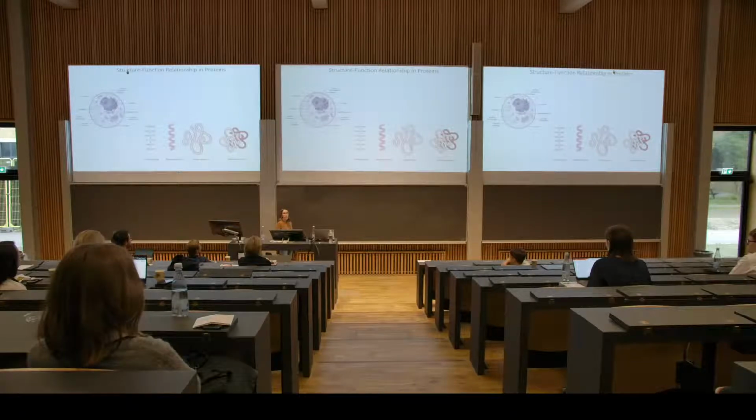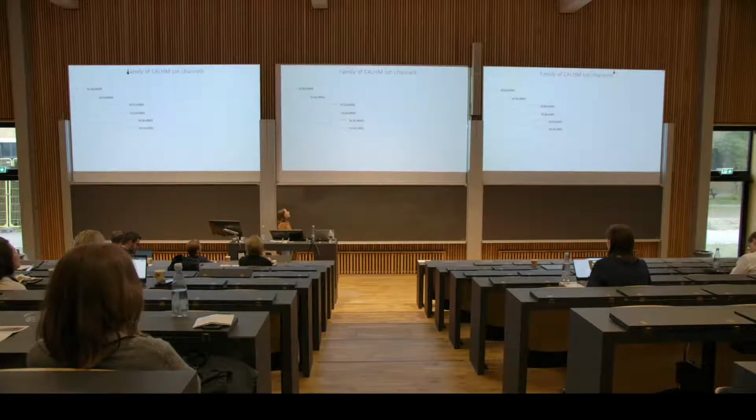I am a part of the structural biology group, and in our work we are mainly focused on determining such 3D structures of proteins, simply in order to get better insight into their function and mechanisms of action. Of course, I'm not studying the structures of all the proteins, but I'm focused on the small family of CALHM ion channels.